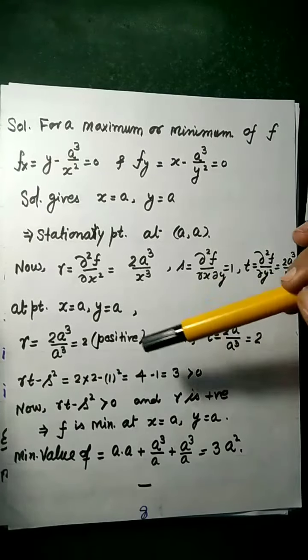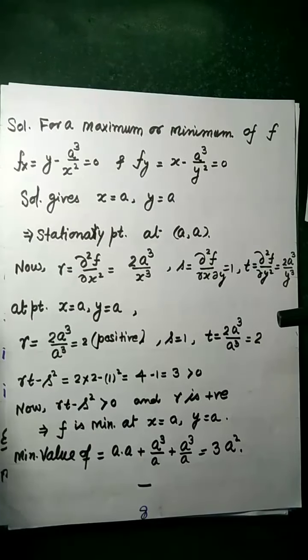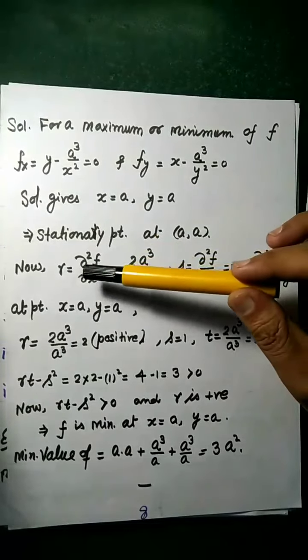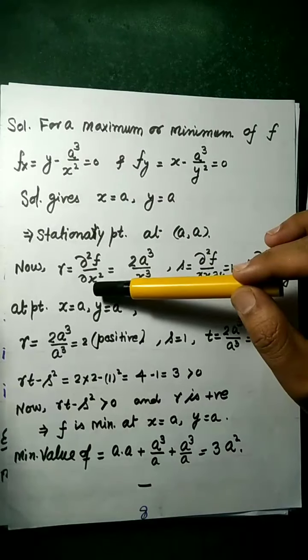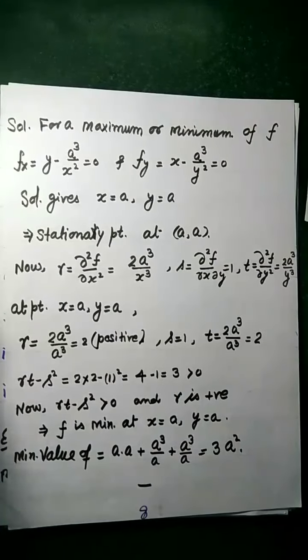Now our step 2: calculate r, s and t. R is the double differentiation of f with respect to x partially, similarly s, and similarly t with respect to y.